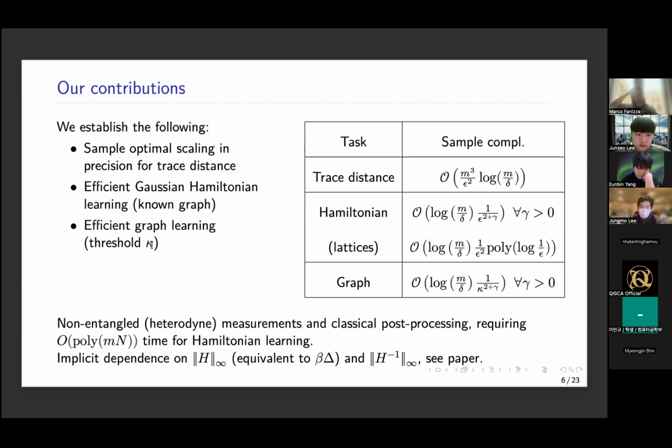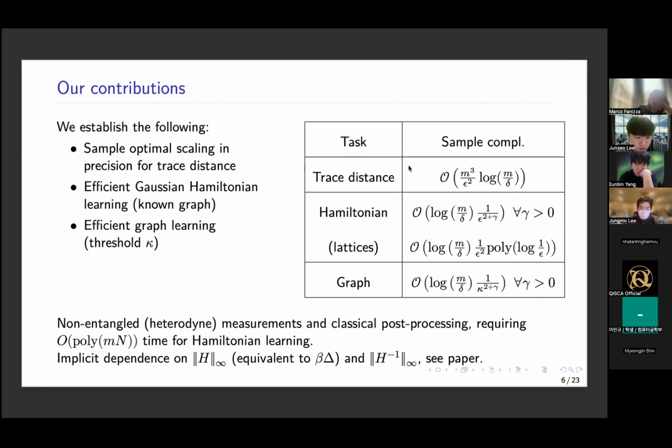The total computational complexity is polynomial in the number of modes and copies for Hamiltonian learning, with a degree that does not depend on the other parameters. For the graph learning instead, we still get polynomial sample complexity and polynomial computational complexity in the number of modes, but the degree depends on the other parameters.